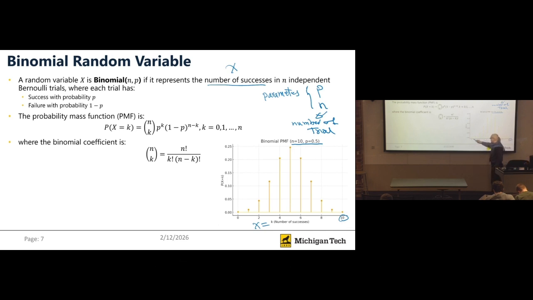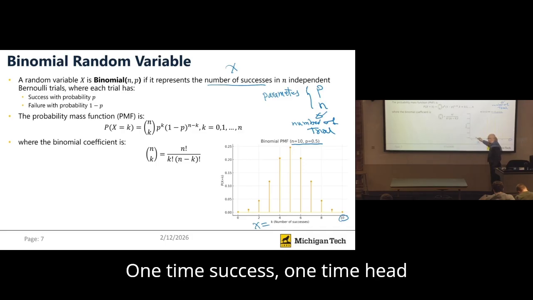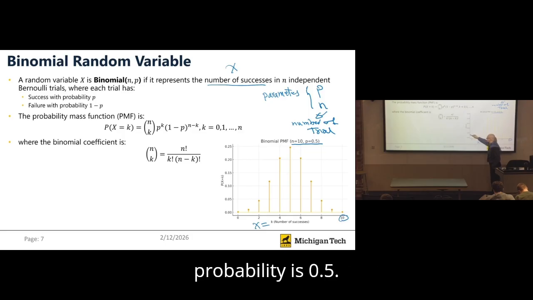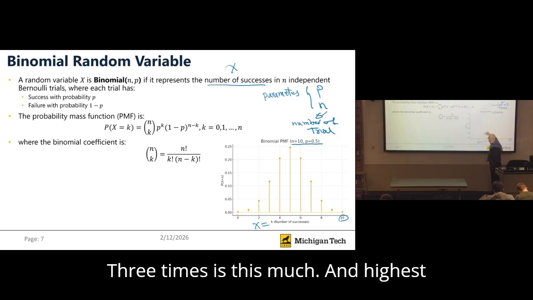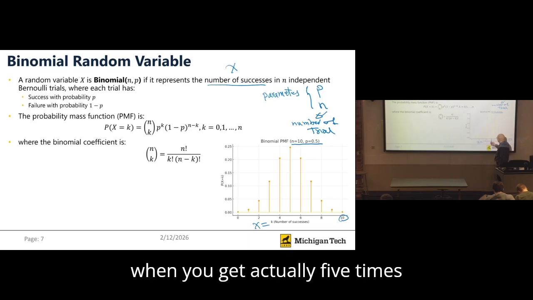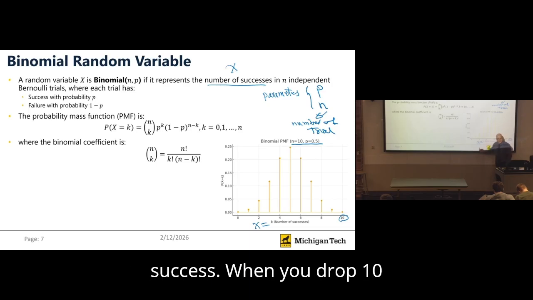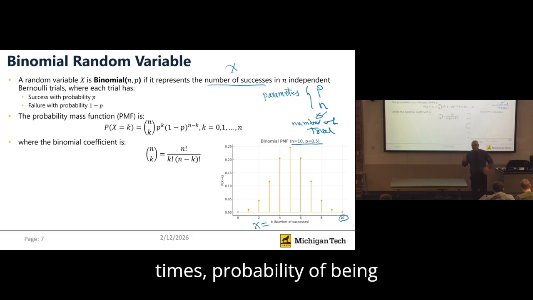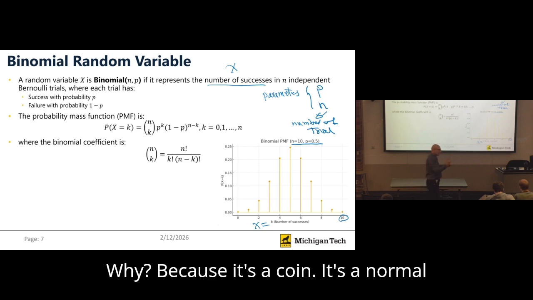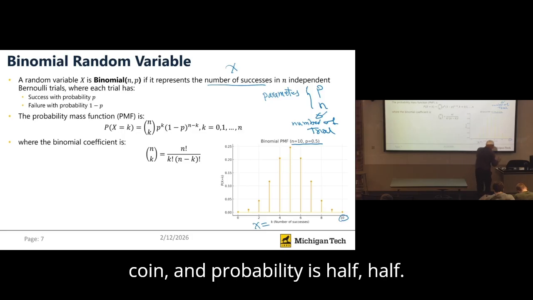Head is success. 0 successes has probability 0. 1 time head, the probability is so low. 2 times, the probability is 0.5. 3 times is this much. And the highest probability is when you get 5 times success. When you drop 10 times, the probability of being 5 successes is highest. Why? Because it's a normal coin, and the probability is half-half.